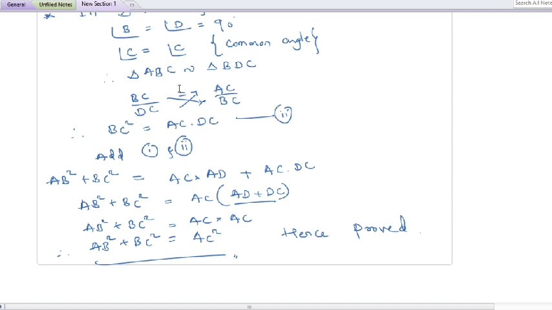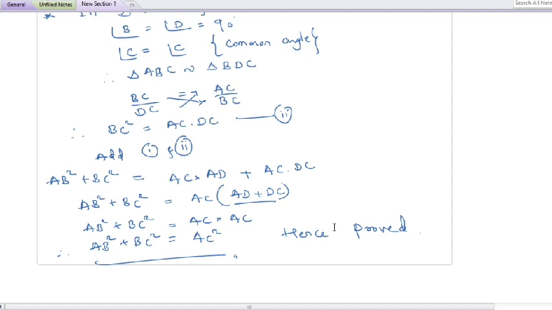Here AC is common. So, AC in the bracket AD plus DC. AD plus DC can be written as AC, AC into AC you will get AC square, hence it is proved.